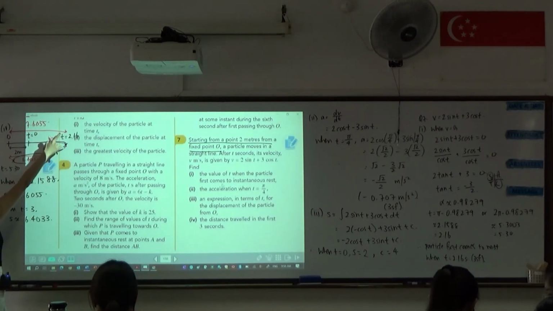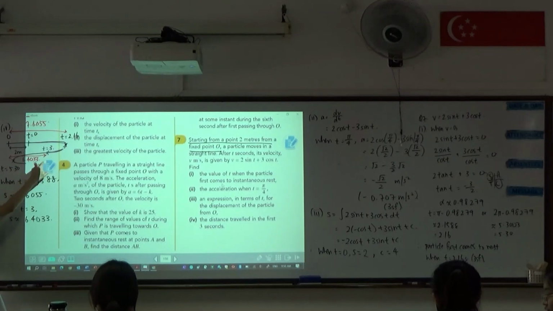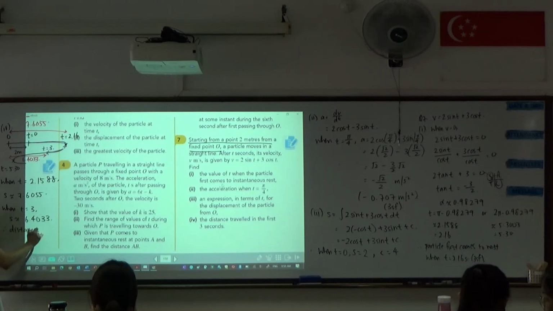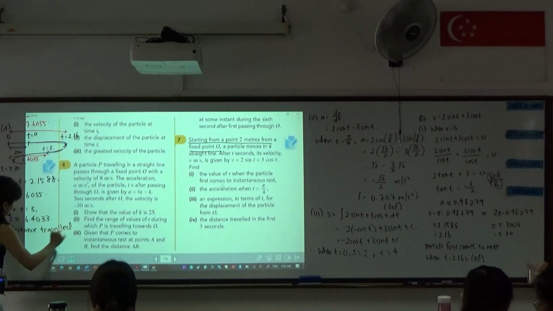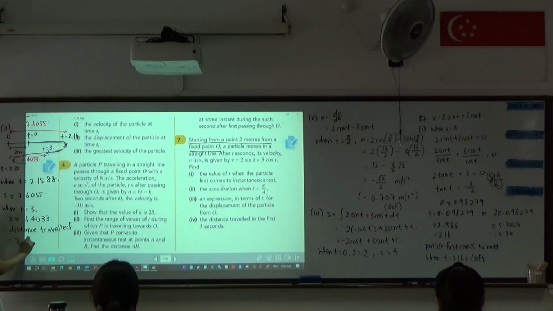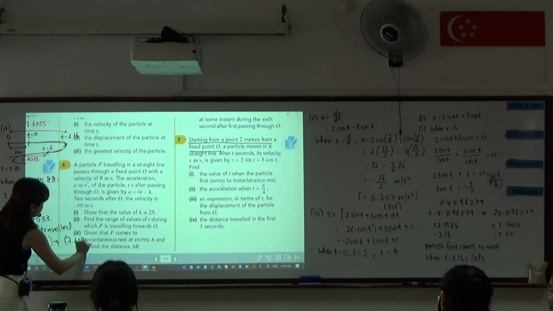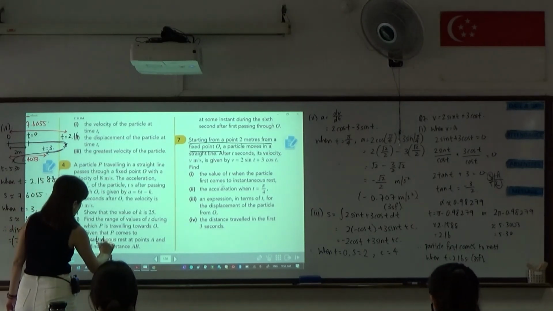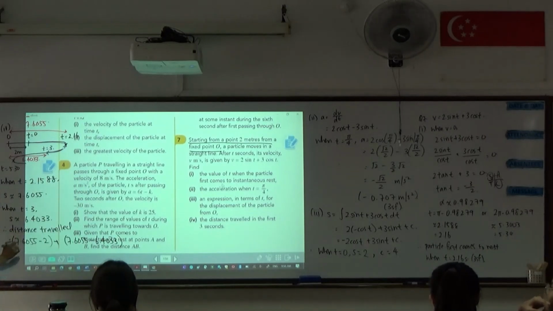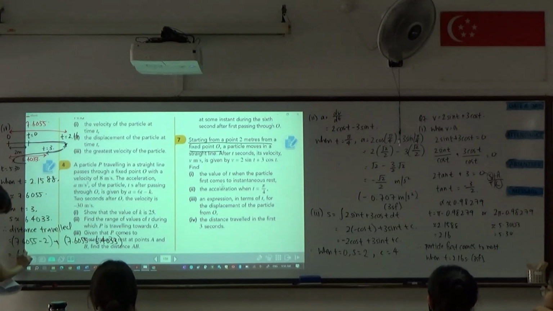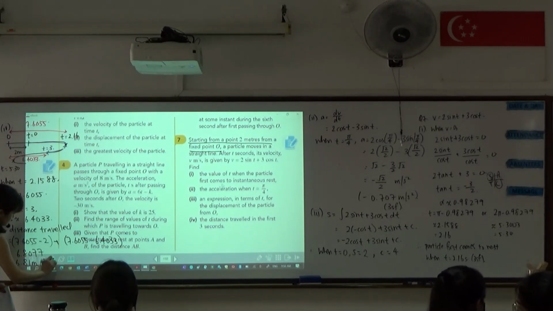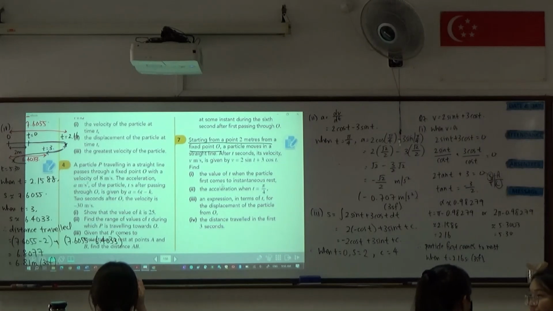And then we take 7.6055 minus away 6.4033 to find the remaining path. And that will be 6.81 meters.